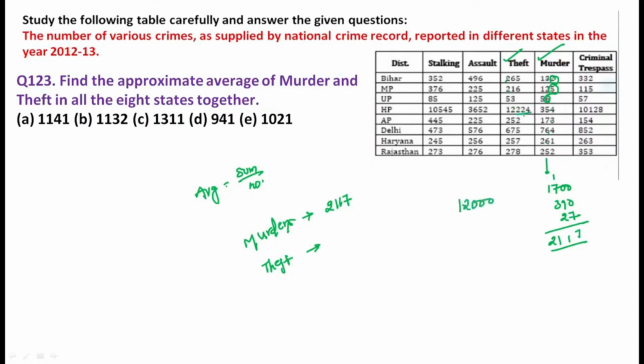Again, it's 200, 600, 800, 1400. 1400 plus 200 is 1800. So 70 plus 50, 70, 140, 140 plus 50 is equal to 190, 190 plus 50 is equal to 240.